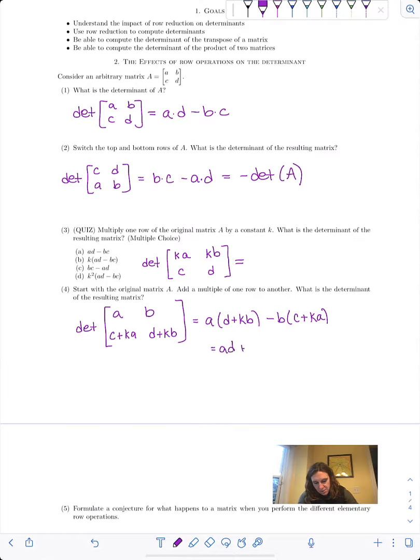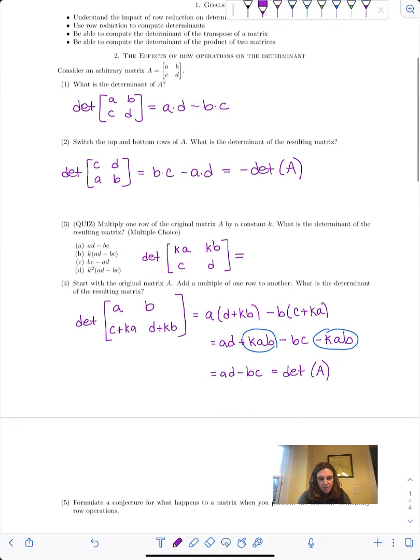When we distribute that A, and remember, since multiplication of real numbers commutes, we can reorder those entries, this BKA is the same thing as KAB, and we have to distribute our sign as well. But then you can see those two cancel each other out, and we're left with AD minus BC, which is in fact the determinant of our original matrix A.